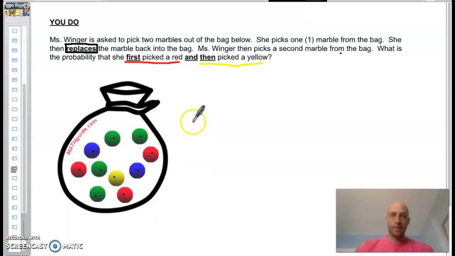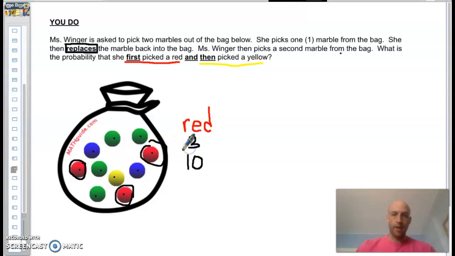So we are first going to find the probability of red. And we know that we have 10 marbles to choose from, and there are 1, 2, 3 red marbles. So chances of picking a red, 3 out of 10.